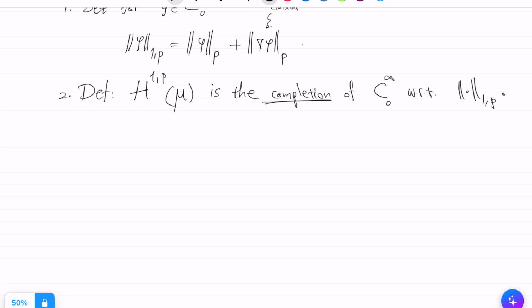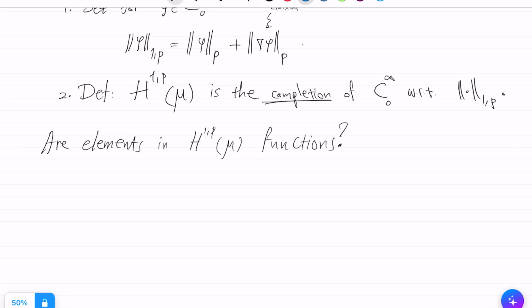Okay, now the first question is, are the creatures in the space functions? So this H1p is my Sobolev space, but are the elements in it actually functions? And for that, let me give you a heuristic answer as to why this is the case.